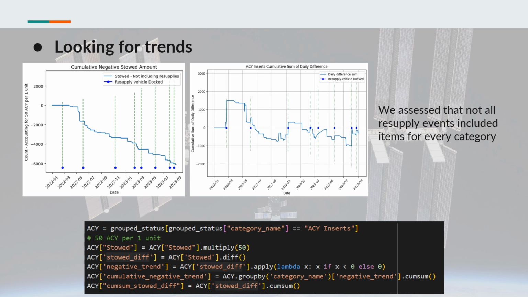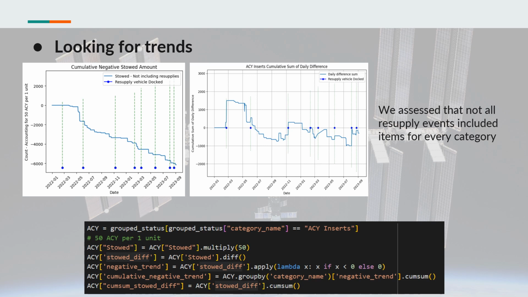Firstly, we did a multiplication of 50 because it was determined in one of the Barrios meetings that 50 ACY inserts were in 1 unit of ACY inserts. So 50 to 1. That's why there's multiplication of 50.